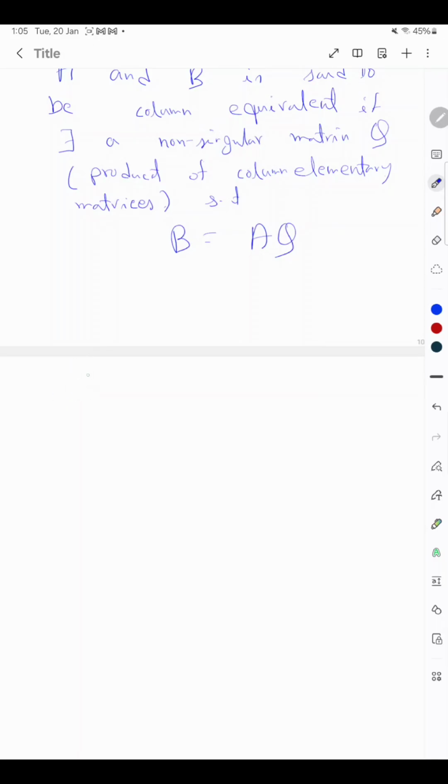The most popular is row echelon matrices. Basically we are comfortable with row operations, not column operations. Row echelon form.